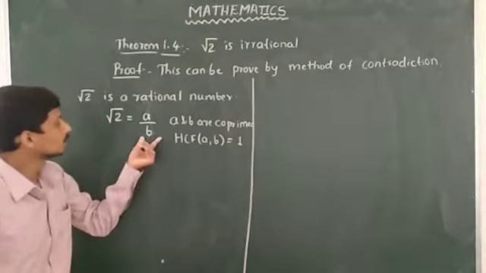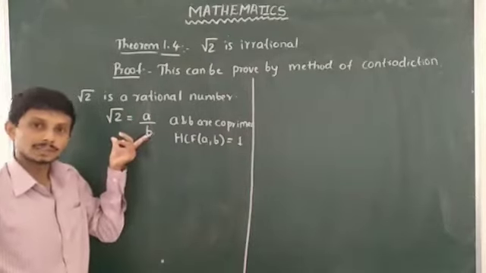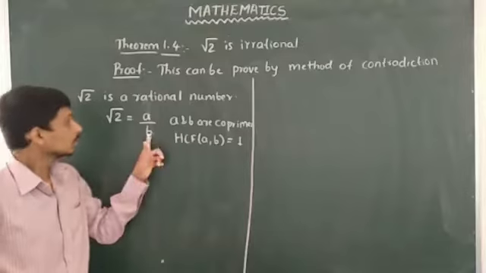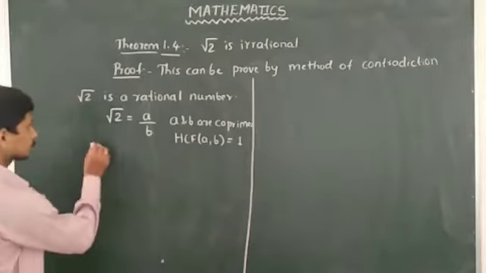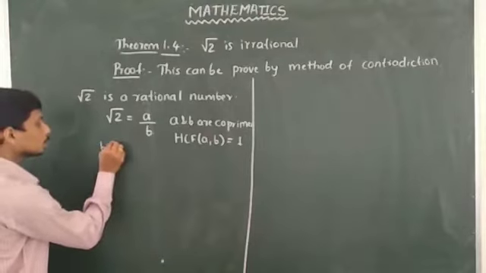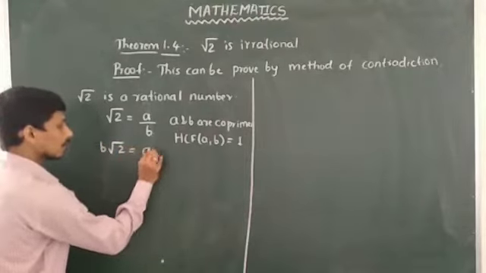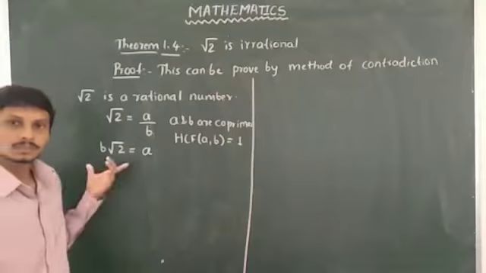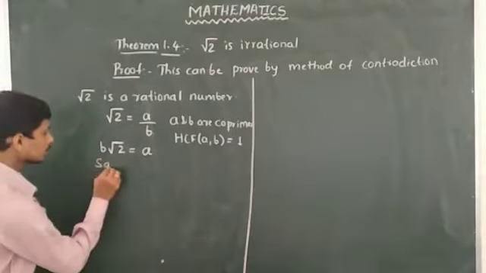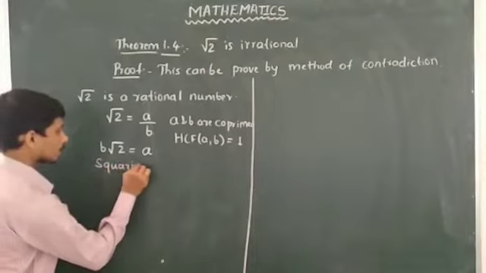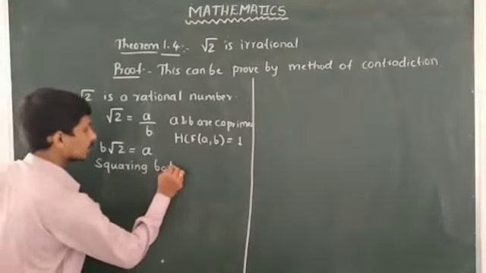Let us come to this expression. We can transpose b to the left-hand side: b into root 2 is equal to a. After that we square both sides.